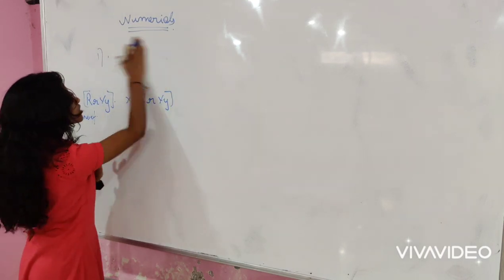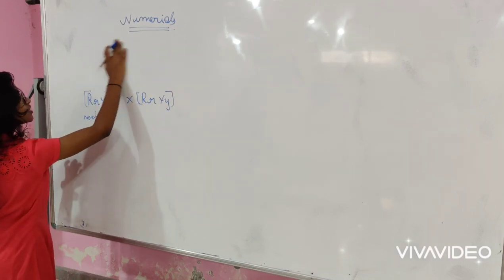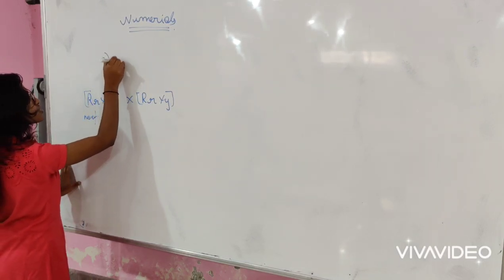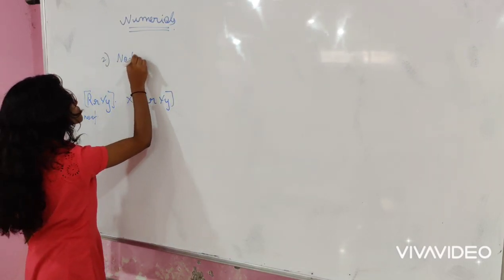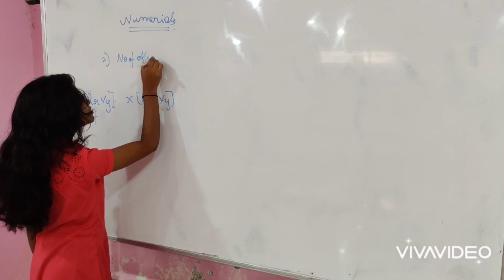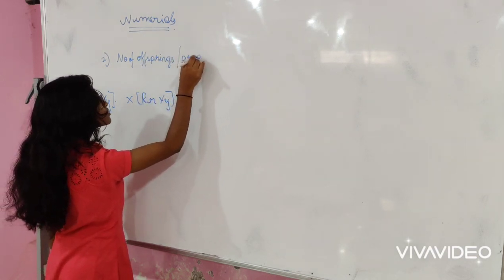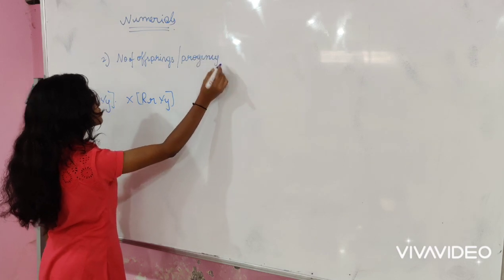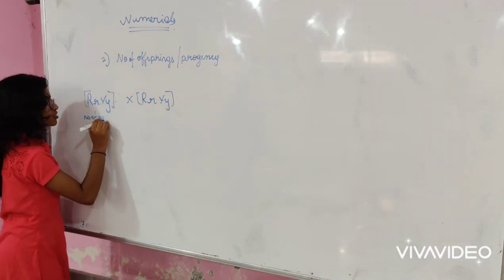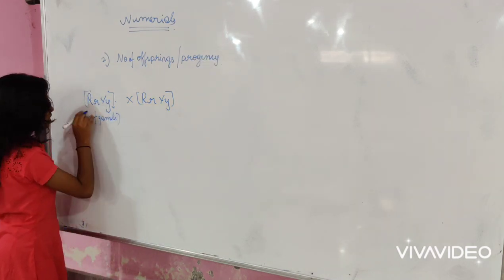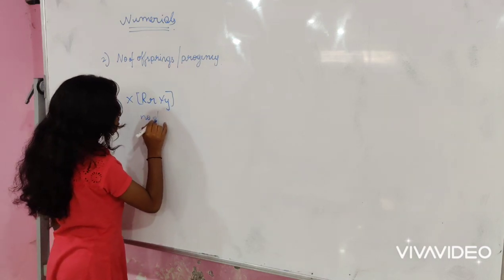This is the second one, the number of offspring or progeny. Number of gametes for this, and this one also number of gametes.